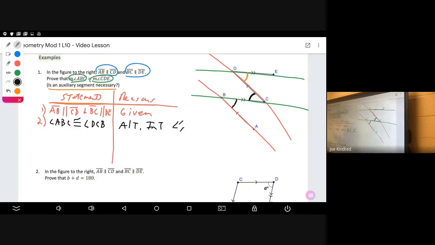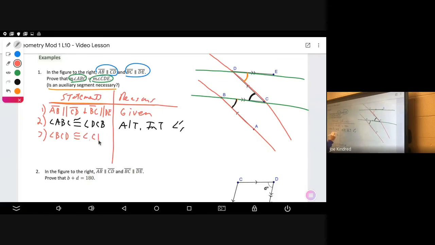And then I also know, moving forward, for the same reason, angle BCD is congruent to angle EDC. Or you can also label it like this so you don't get confused. You can label this as CDE.